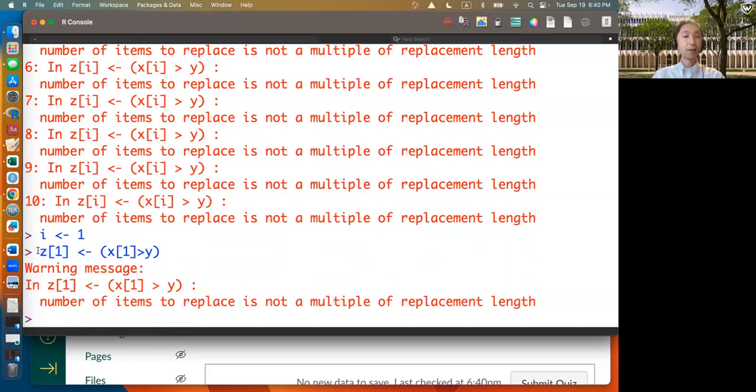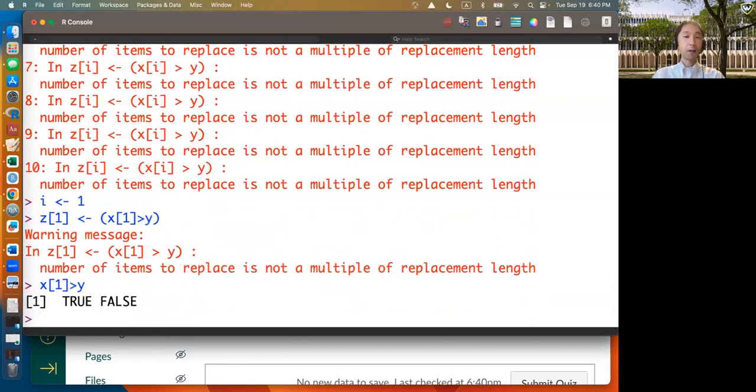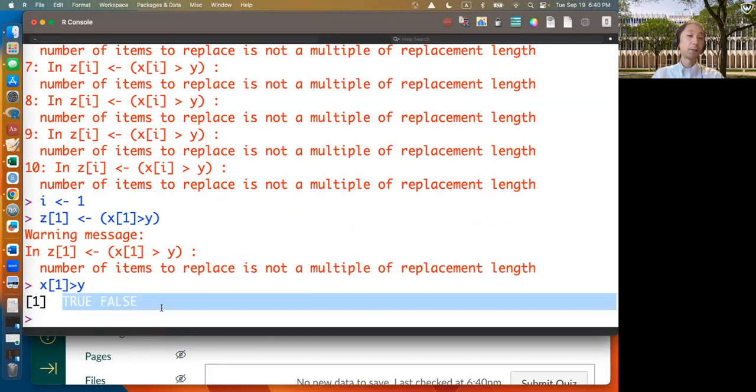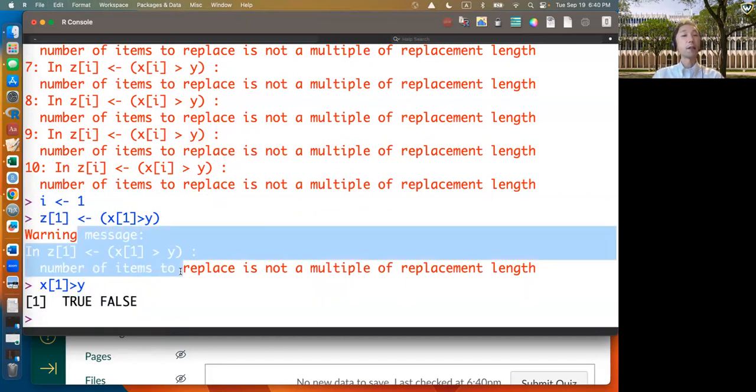This is a kind of complicated code because we define z based on a condition of x and y. So probably we should try this one first. Then the problem we can see is that if we put this condition, we have two outputs, right? So z of 1 is just one element, but we have two outputs. So that's why we got the warning message.